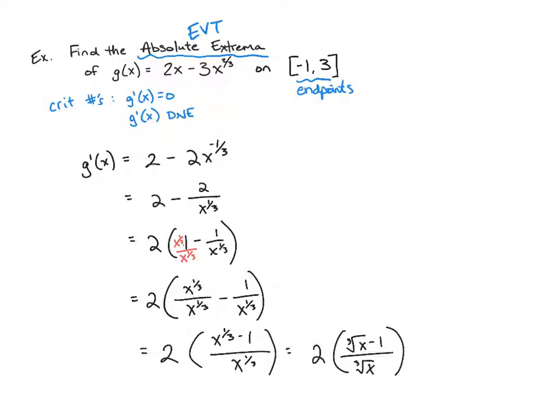So there's my G prime, and I said I was going to find where G prime was equal to 0, and honestly that's why I went through all this mess of simplifying it. If I want to find where G prime equals 0 or does not exist: to find where G prime equals 0, I'm going to look at where the numerator equals 0.